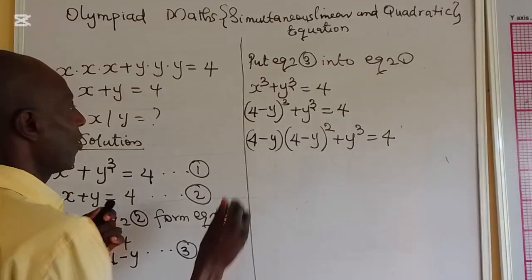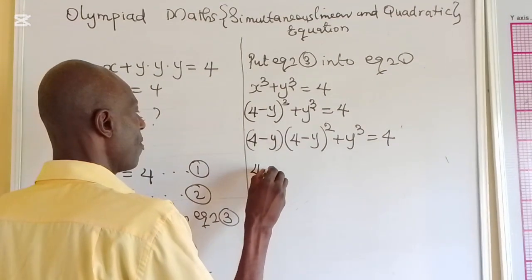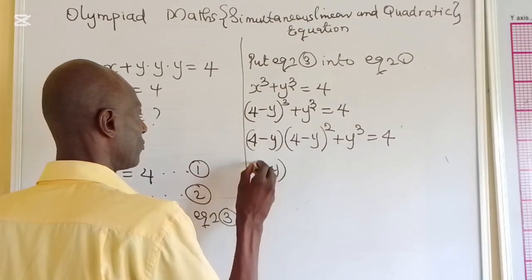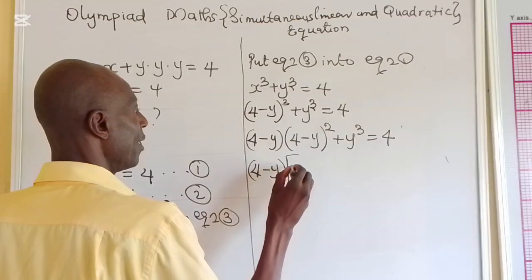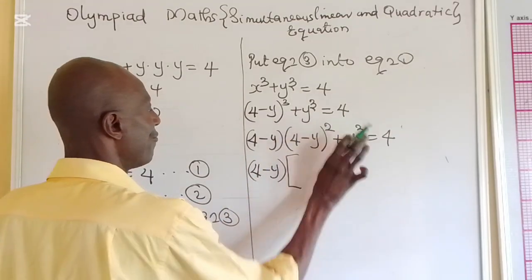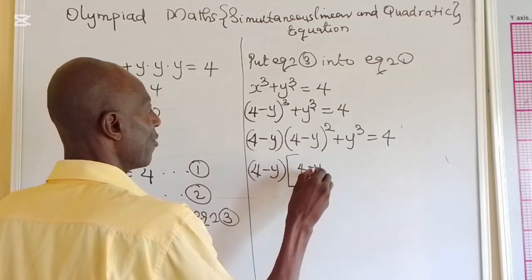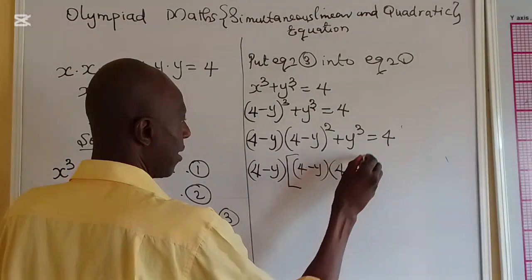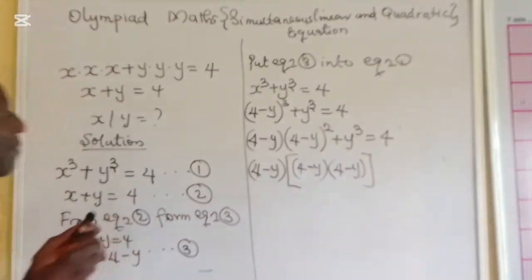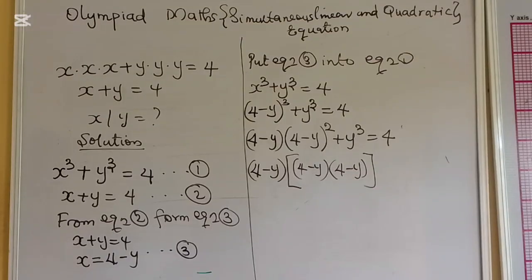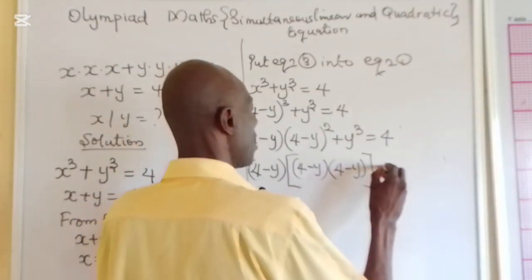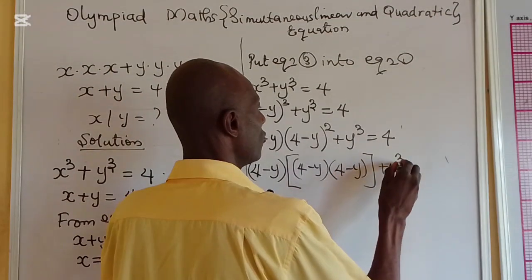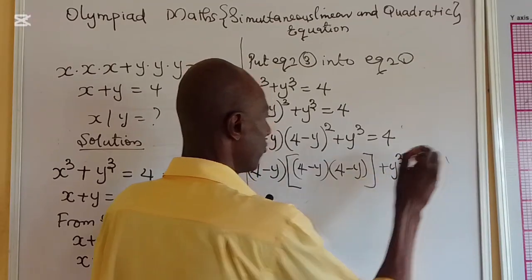This one is also the same thing as (4 minus y) into (4 minus y). Here is (4 minus y) raised to the power of 2. Here is now plus y raised to power 3 is equal to 4.